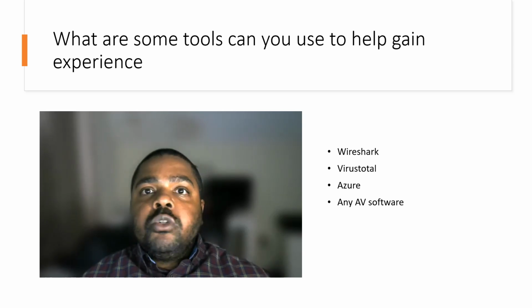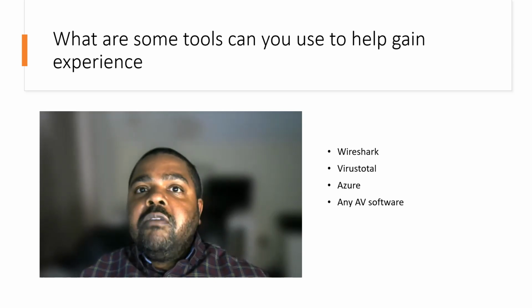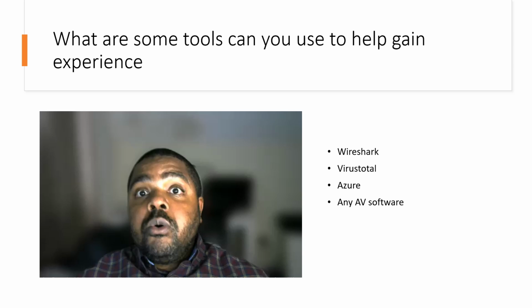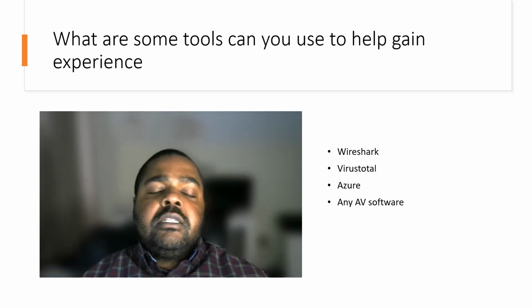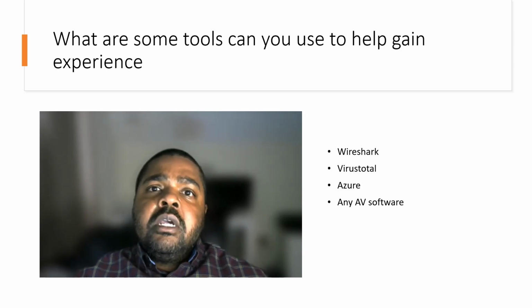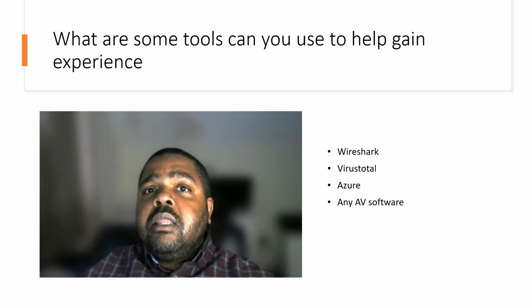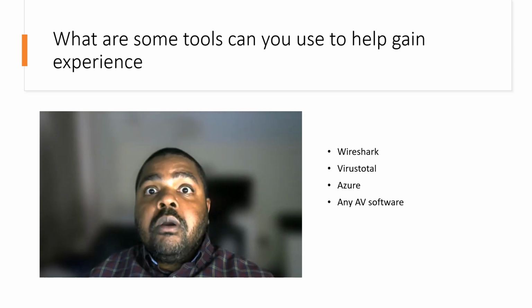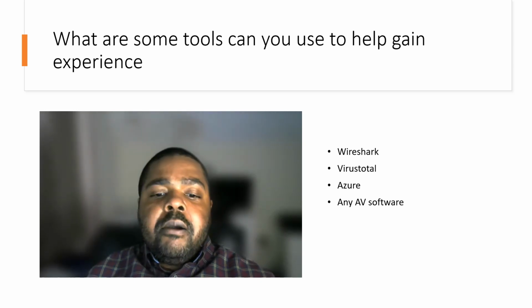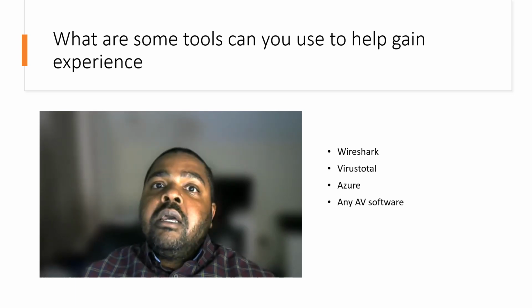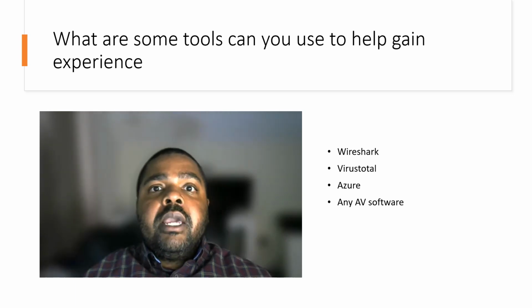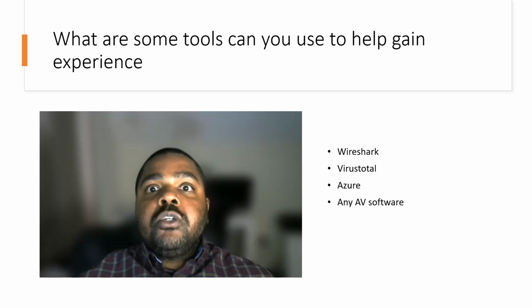Fourth and the final tool that you can use is pretty much any AV tool that's already loaded onto your PC. AV stands for antivirus, so it may be Microsoft Defender that's already on your PC. I want you to go into Microsoft Defender, set up a scan, set up a regular scan, and then make sure that you read your scans after it's finished.